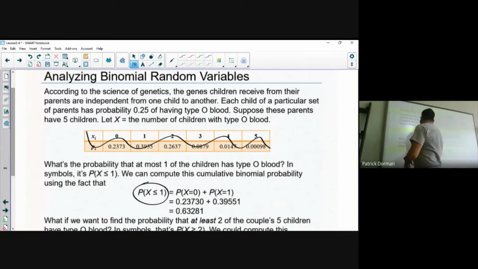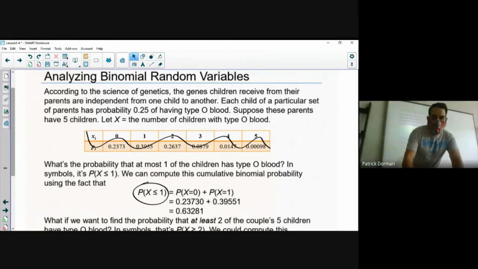I'd have to calculate the probability x equals 0, then the probability x equals 1, and then add them up. I'm going to show you there's a faster way to do it. I think I'm presenting this in the wrong way if I want to show you my calculator, so I'm going to change that real quick.